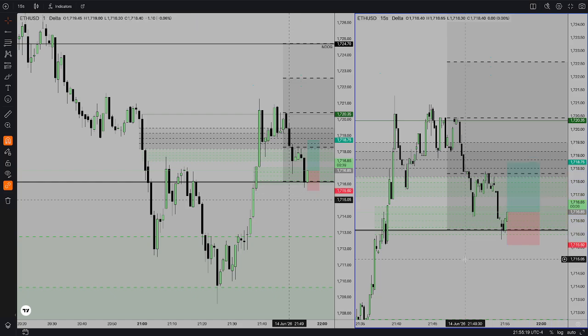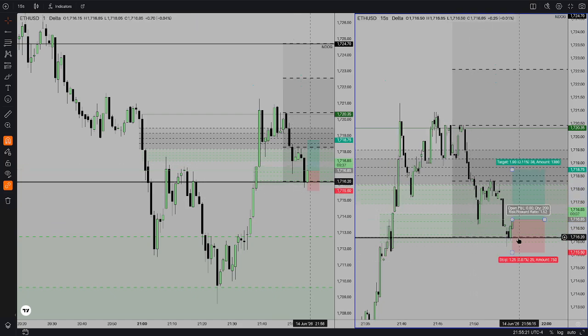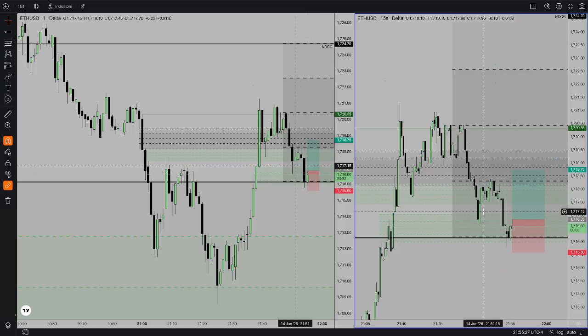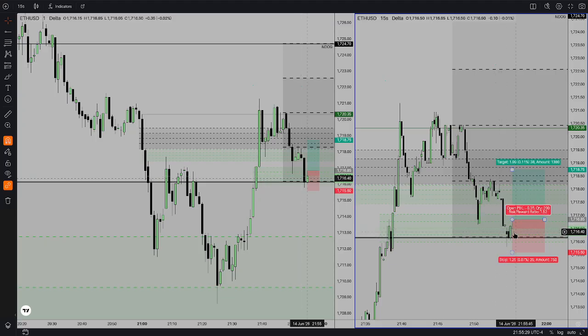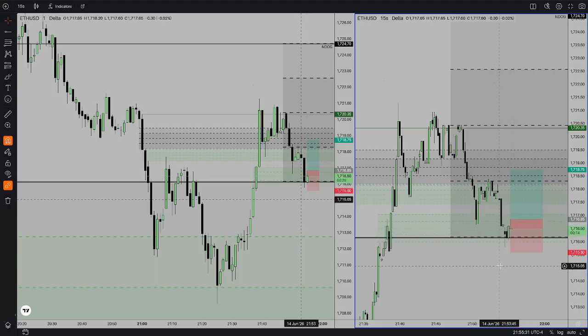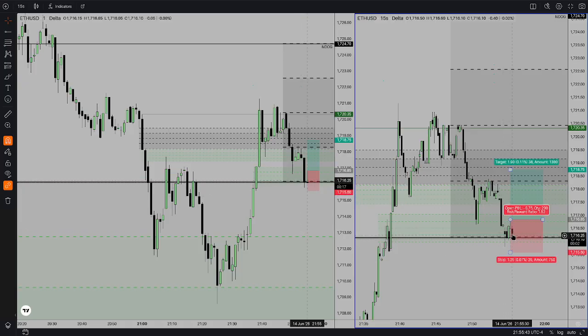Let's see. Want an immediate reaction from there, then want it to consolidate there. I want to see the reaction from all these levels.